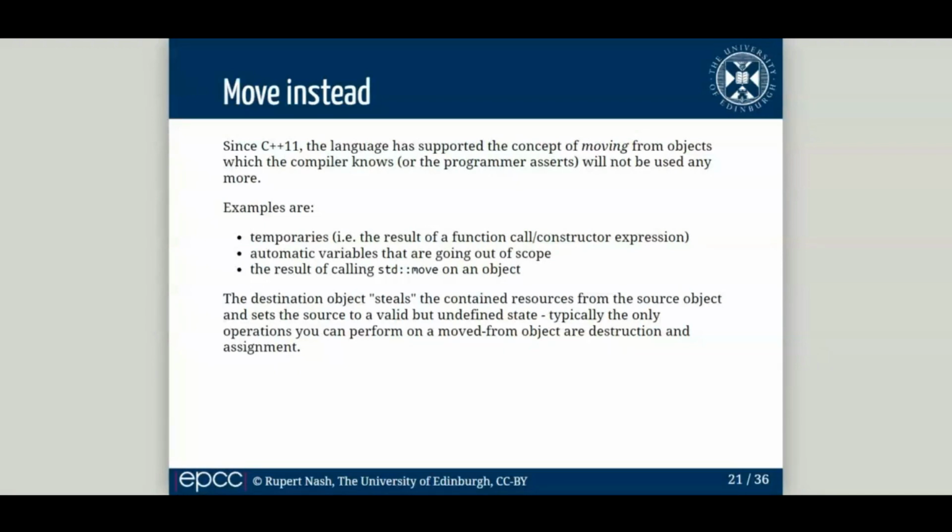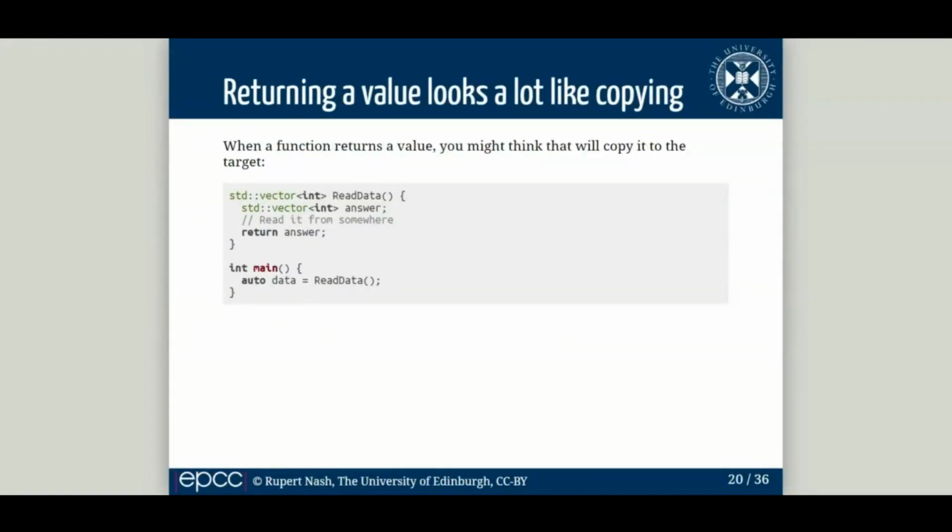So when a variable is going out of scope, rather than this vector being copied to this and doing another allocation, the chunk of memory that has already been booked is used instead. Rather than answer pointing to the data, because answer is deleted, the data will be pointed to that chunk of memory instead.